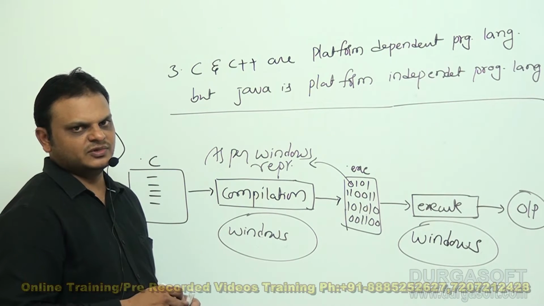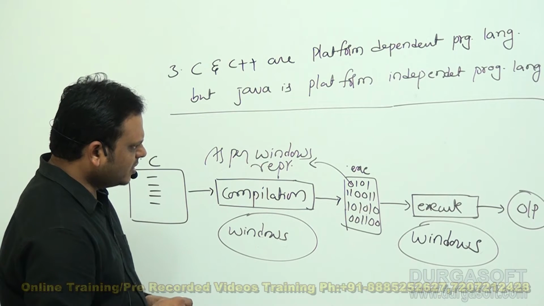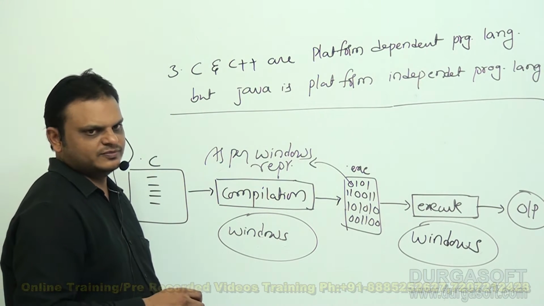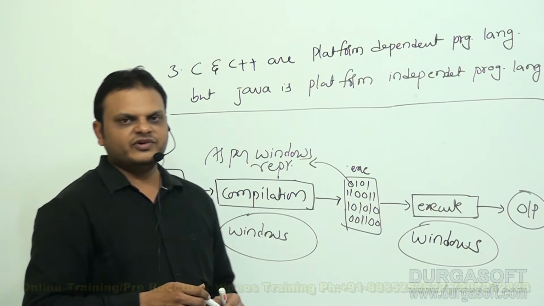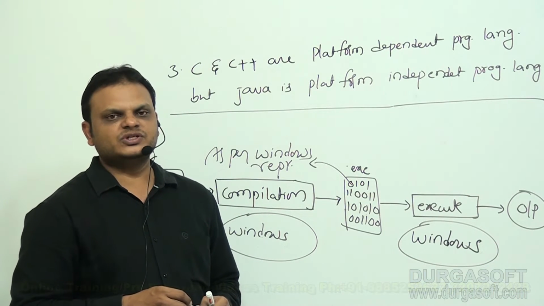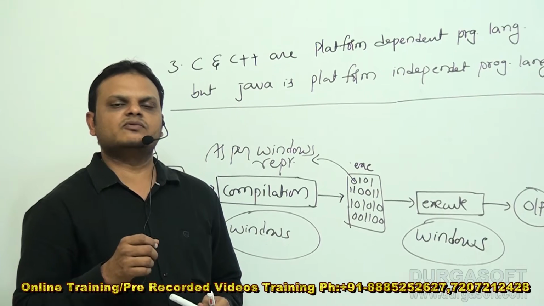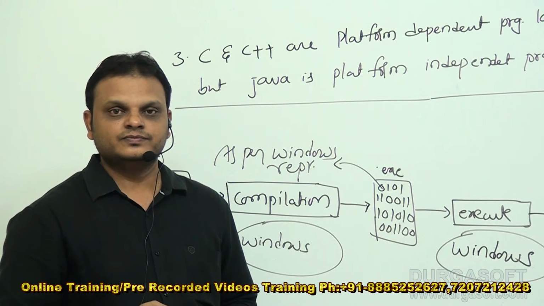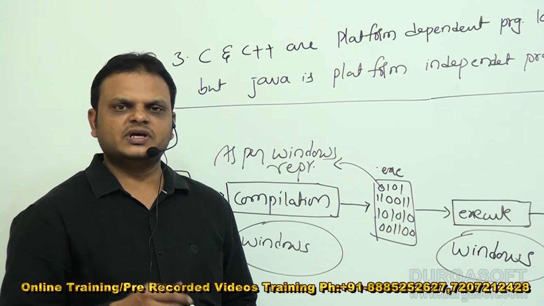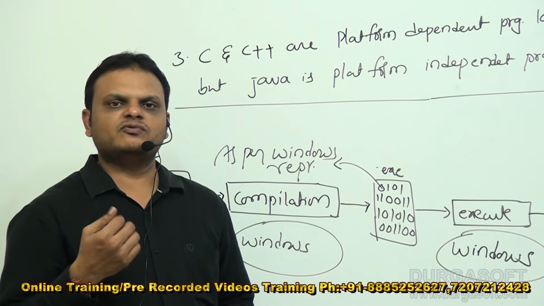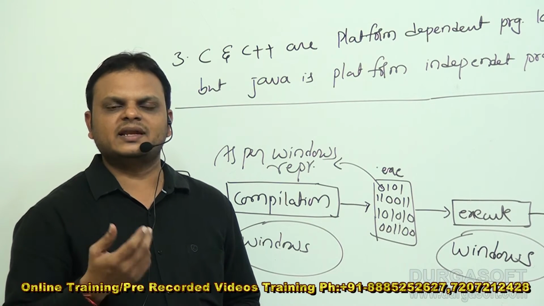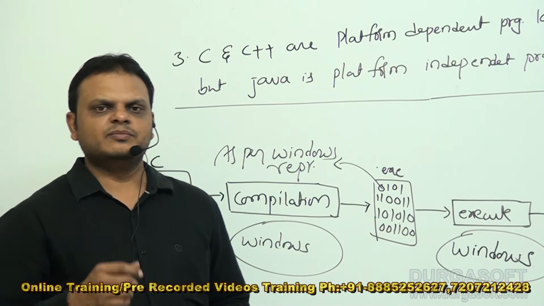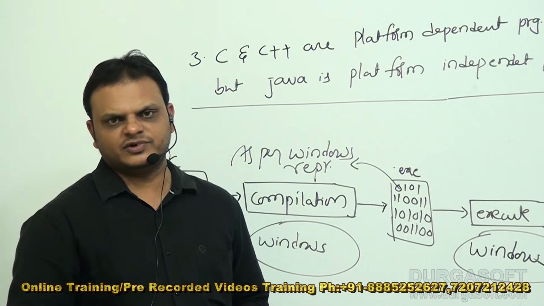This is one point here. Similarly, how can we say Java is a platform independent programming language? First of all, if any programming language allows its applications to compile on one operating system and to execute on another operating system, then this type of programming language is called a platform independent programming language.